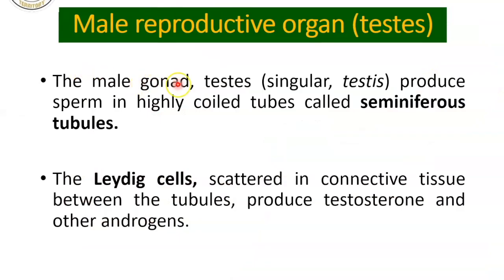The male gonad, testis, produce sperm in highly coiled tubes called seminiferous tubules. The Leydig cells scattered in connective tissue between the tubules produce testosterone and other androgens.